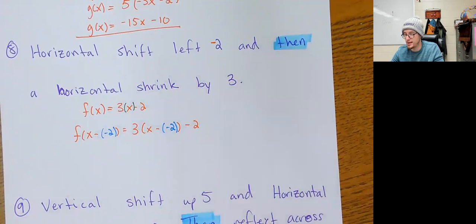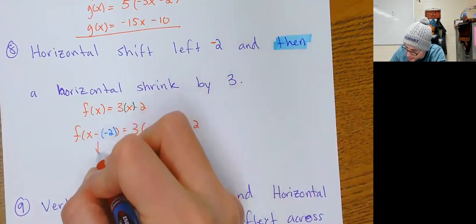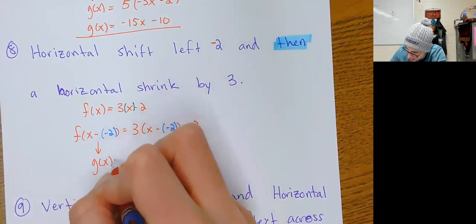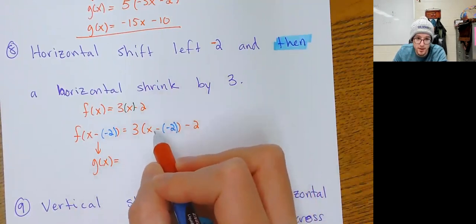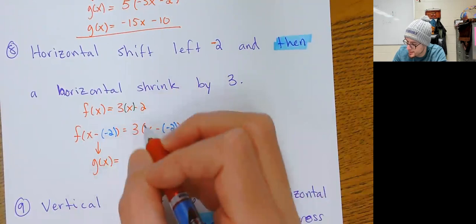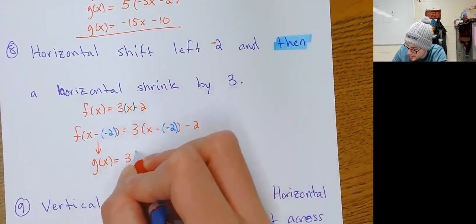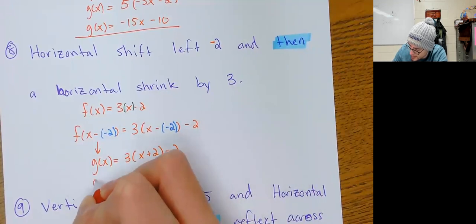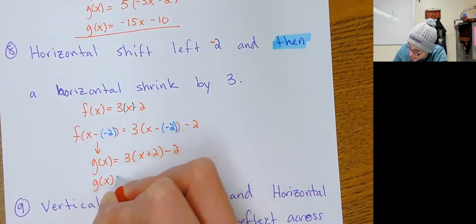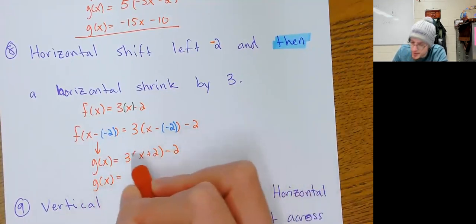We need to simplify this now. We need to change this into g of x. So g of x equals, let's do two simplifications. So this would be 3 times x plus 2 minus 2. And then the next one would be g of x equals, let's distribute the 3.